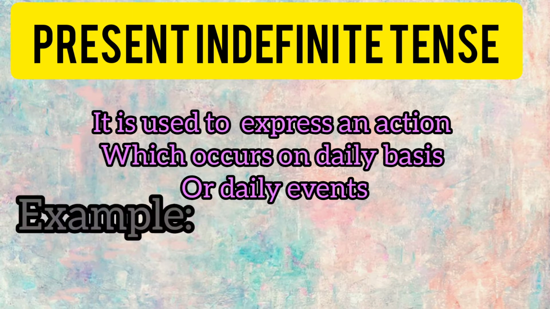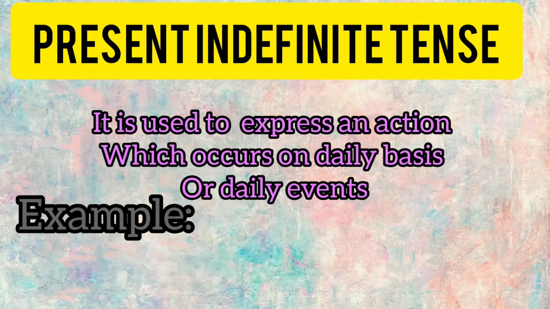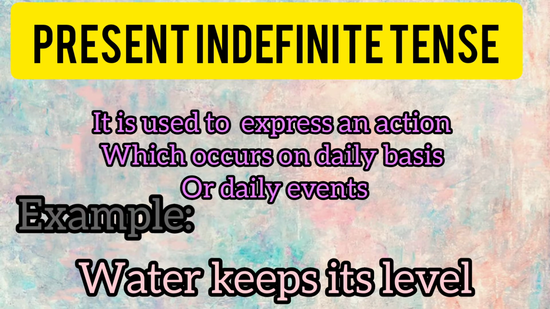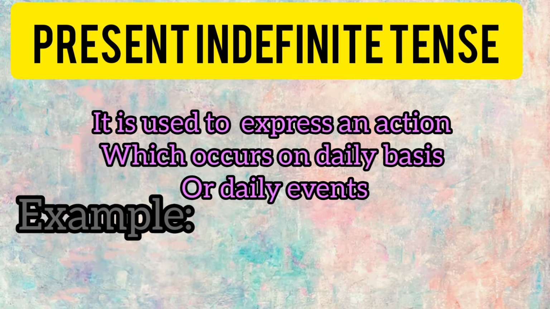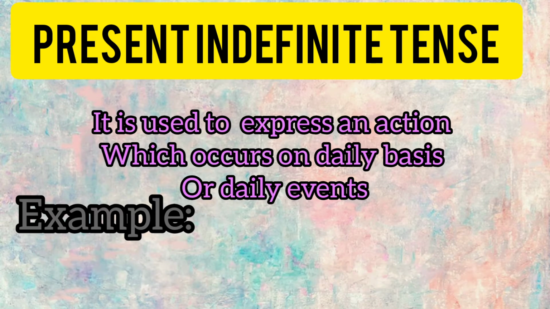So let's have a look at examples. A general example is: I work in a factory. Or if we look at facts, one fact we can say is: water keeps its level. So it is a fact, and we use fact sentences in the indefinite tense. The second fact is: the sun sets in the west. This is also a fact, and we use the indefinite tense to show the fact.